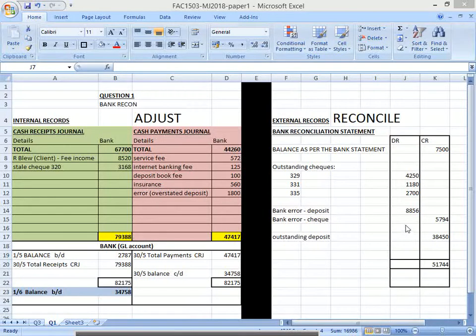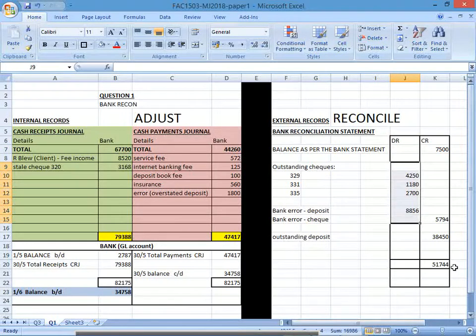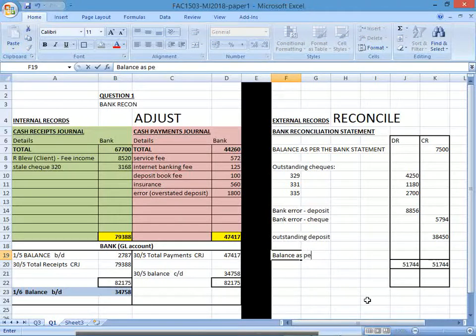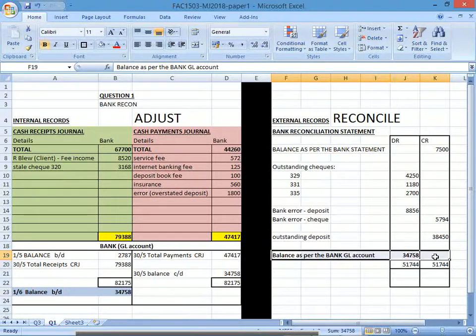If I sum up those figures, I don't get more than 51,000. 51,000 you write on both sides, then you fill in the missing figure, balance as per the bank general ledger account. And how do I get that figure? I take the 51 and I subtract the sum of all of these. Let's hope. Yes, it's correct. Good. If it isn't, then we go back and check and see what I did wrong.